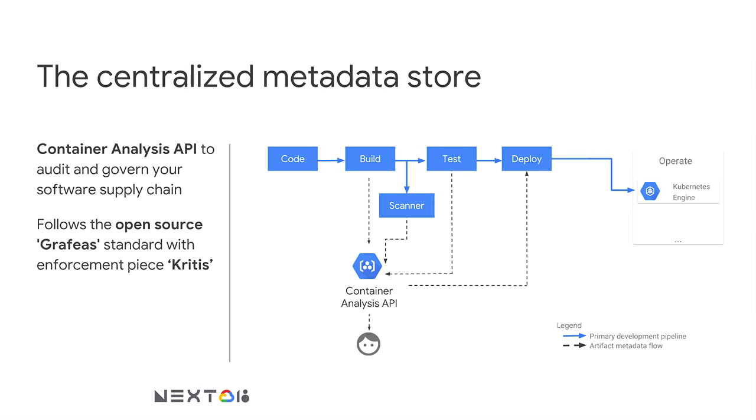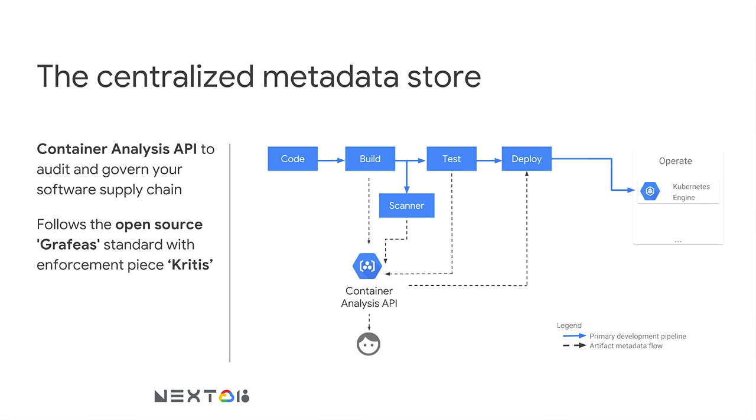The Google engineers have also published an open source standard called Grafeas for this Container Metadata Analysis API. It uses the same metadata format and the same API format, so that you can produce and collect this information for your on-prem environment.